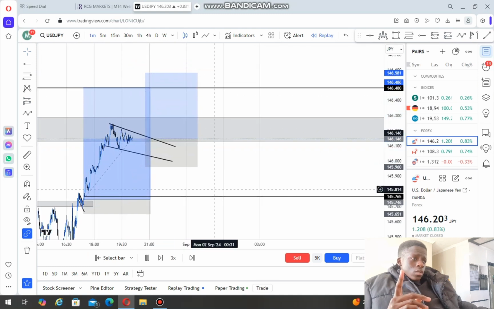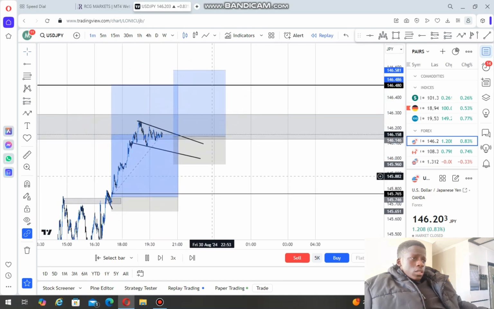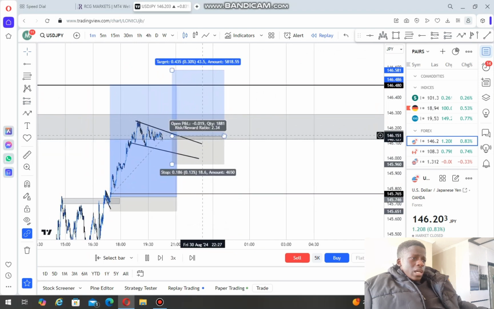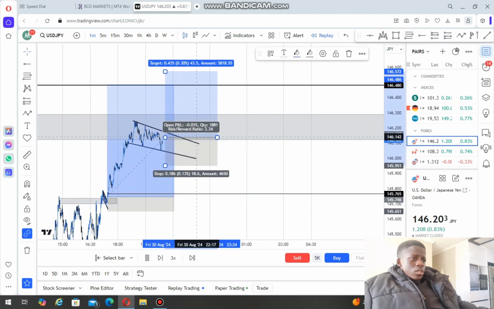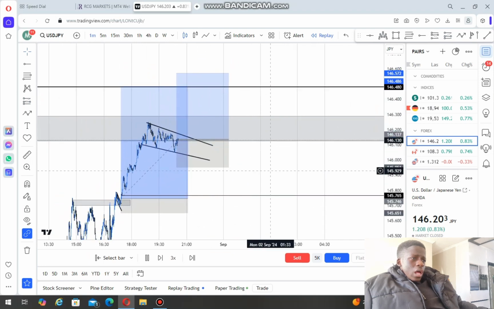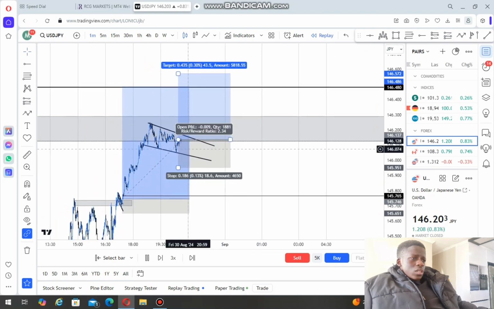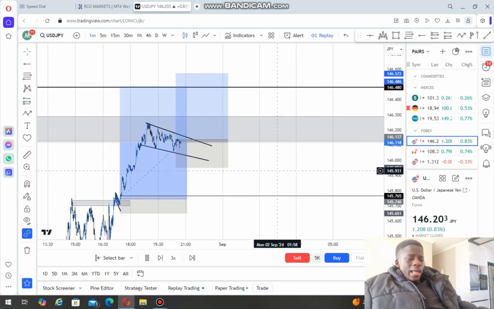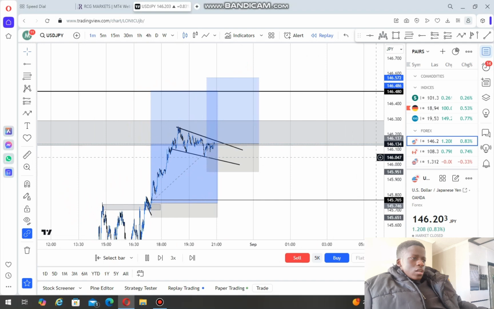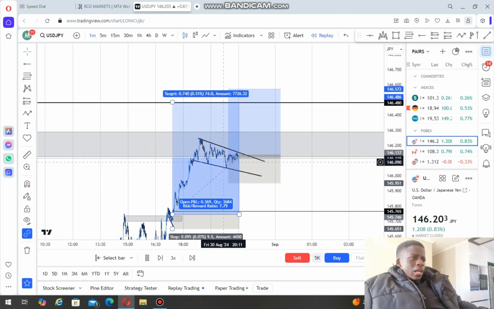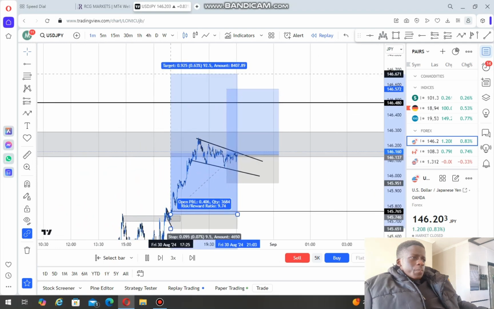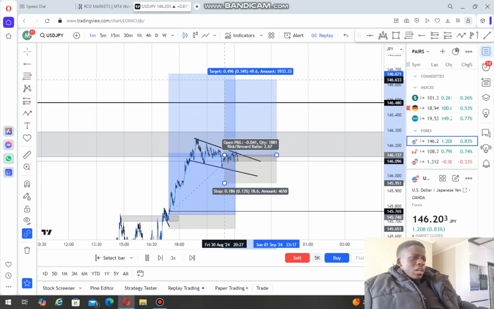I'm going to show you guys the progress. I think I entered somewhere around here. But you get the idea. We're now running around 4 trades.